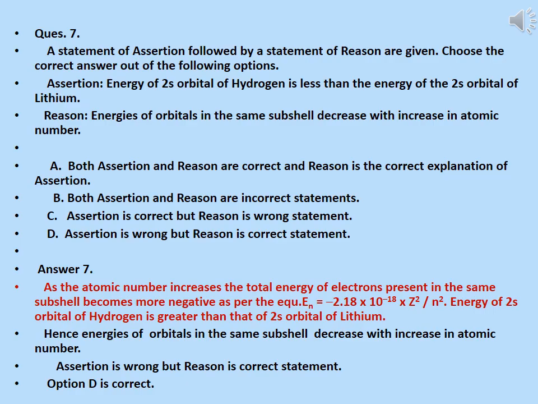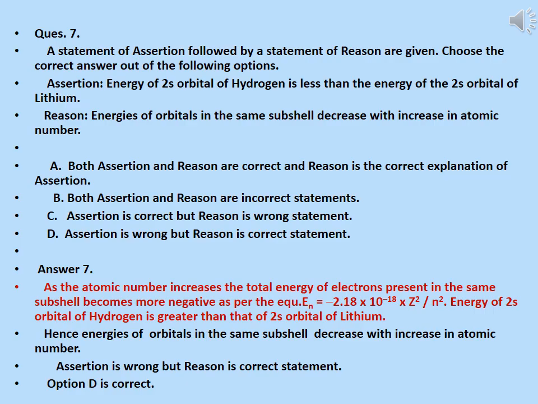Now, coming to the assertion statement: energy of 2s orbital of hydrogen is less than the energy of 2s orbital of lithium. Remember, lithium is an element with higher atomic number than hydrogen. Z value is higher.